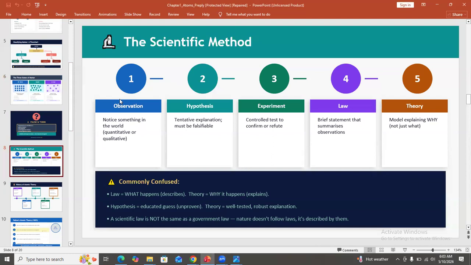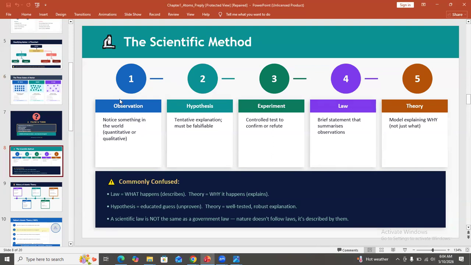They go through a proper channel, and that proper method is called the scientific method. It's very important that we follow it. If any theory or law comes into being, it goes through this whole scientific method. So how exactly does it work, let's find out.